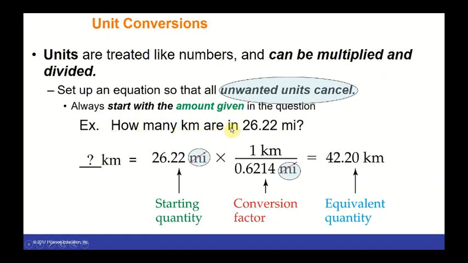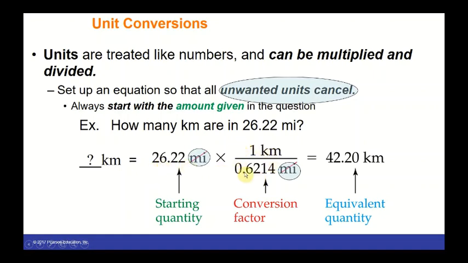So how many kilometers are in 26.22 miles? Well, you start out writing down what you're looking for, and then you begin your calculation with the starting quantity, which is 26.22 miles.